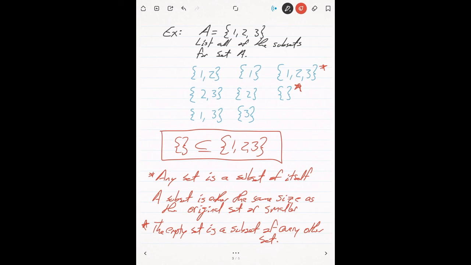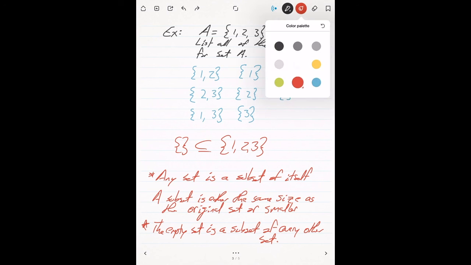It takes a little more explaining, and I can do that if you're curious. But just for the time being, keep in mind that the empty set is a subset of any other set. So if someone asked you, give me a subset of whatever set, you could say the empty set works out as one of the subsets.